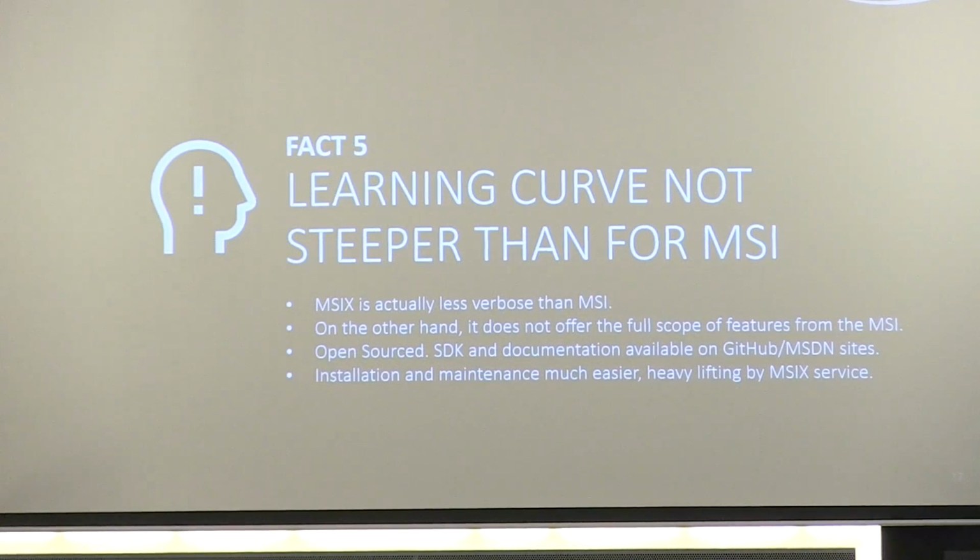Last, how about the learning curve? Whatever you knew from the installer or other techniques, except probably App-V, is going to be quite new. If you didn't have previous experience with App-V, it's a new object data model. It's not MSI, so it's not a database anymore.